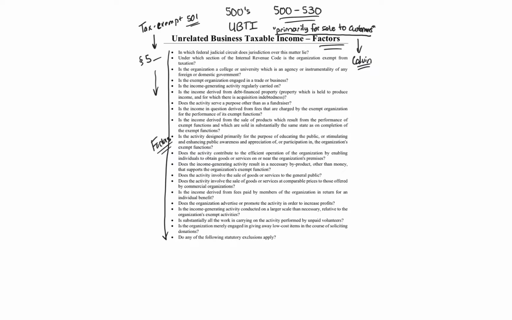Well, there are a lot of facts that could go both ways. So we go to the factors test, and that's where Suburban, that case, and Winthrop come in. It says we have factors that determine whether something is "primarily for sale to customers" in the 5th Circuit, which the 11th Circuit also applied, and the 4th Circuit.